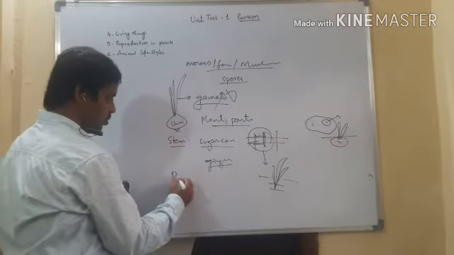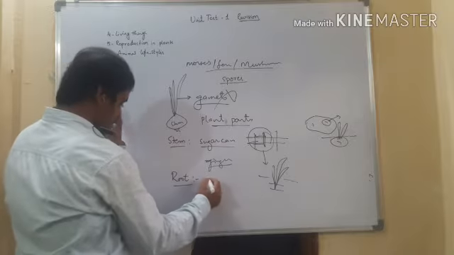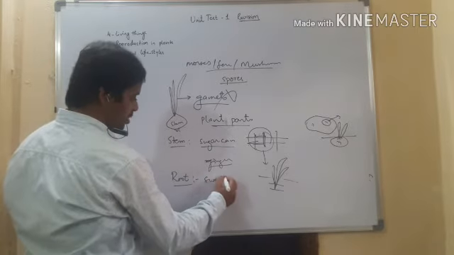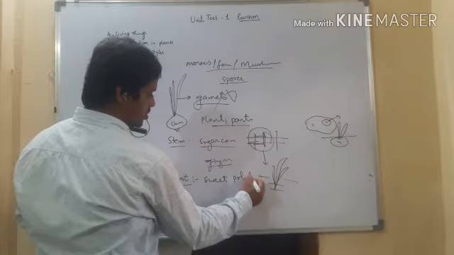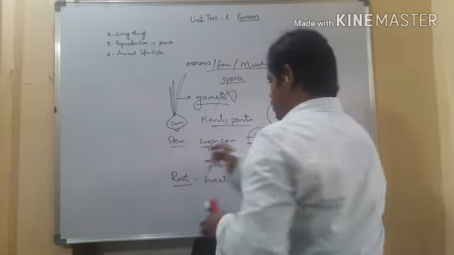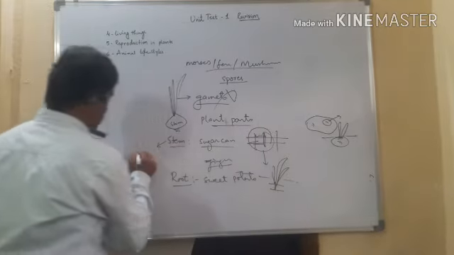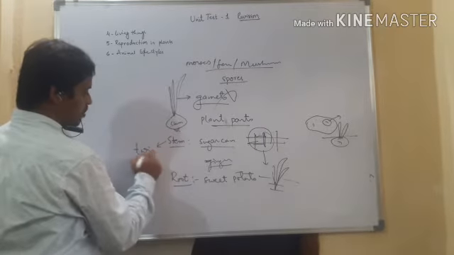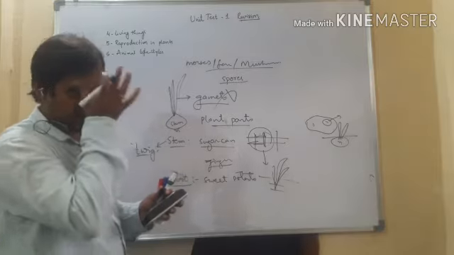And next, come to root, right? Here a sweet potato root can produce a new plant from the root. And as well as the stem part, a twig, a small part of the plant, right?